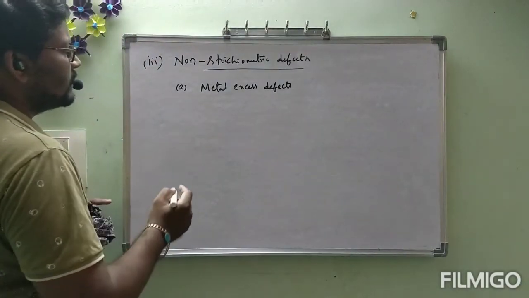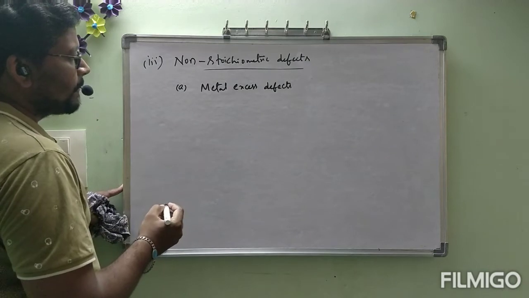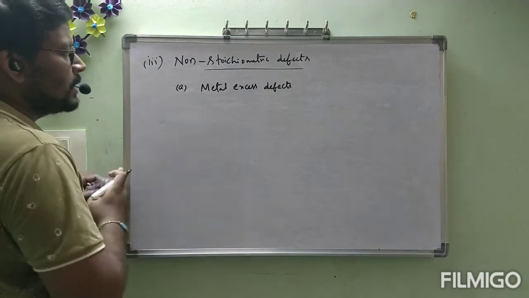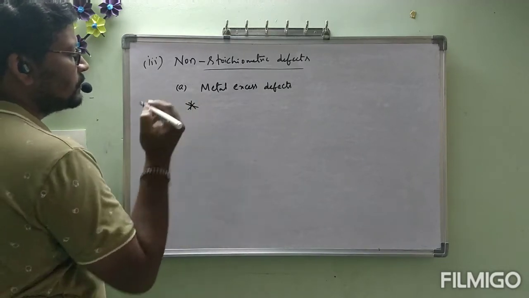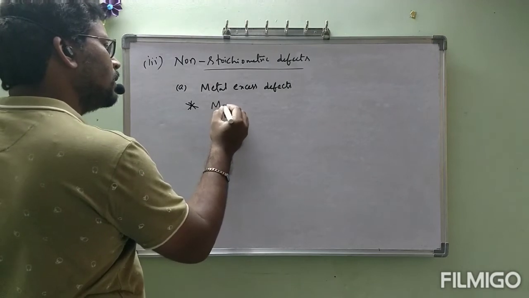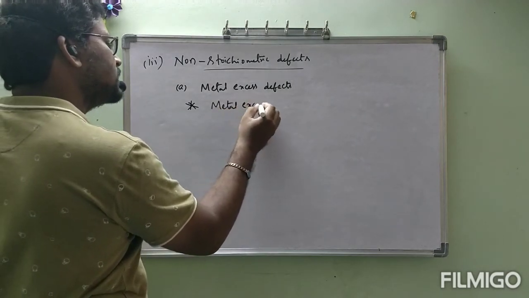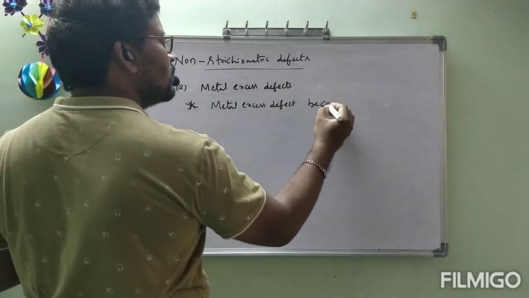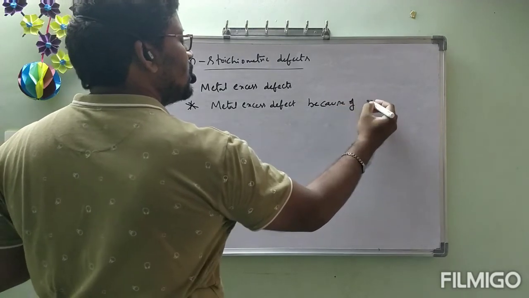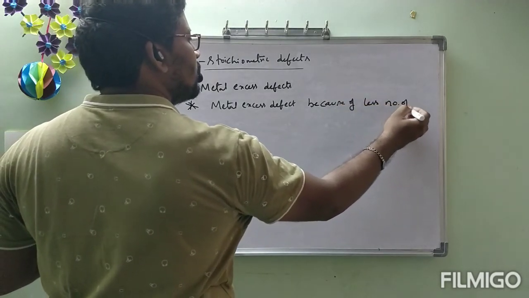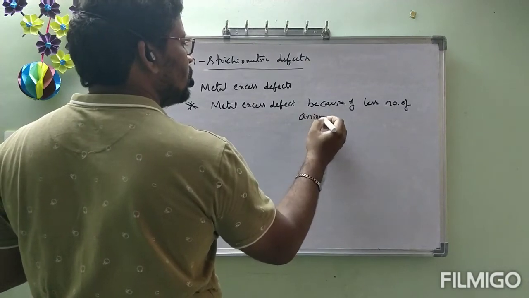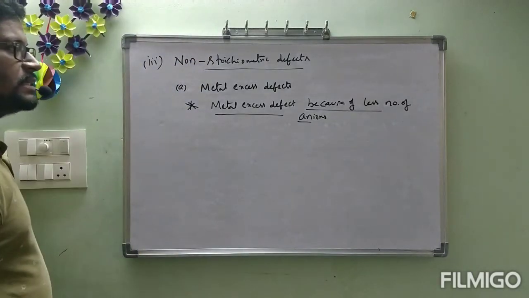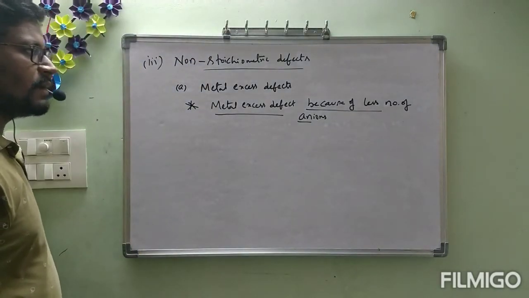Under this metal excess defect, again we have metal excess defect because of a smaller number of anions.